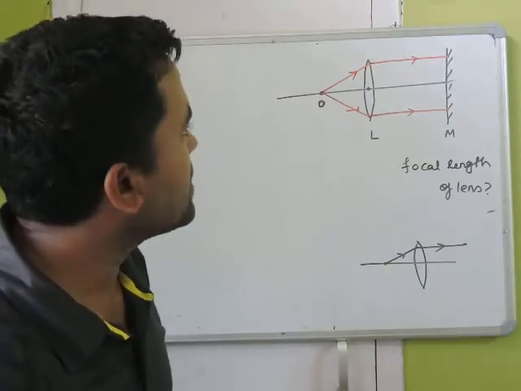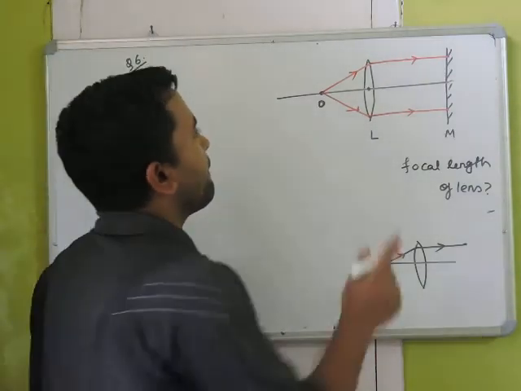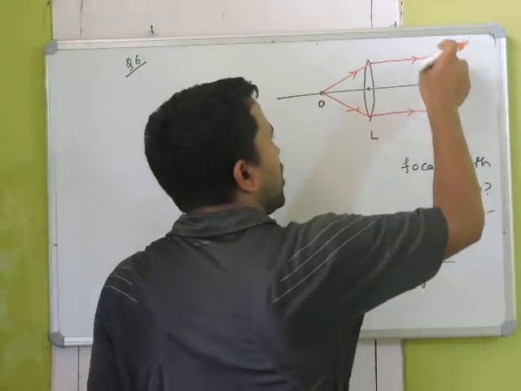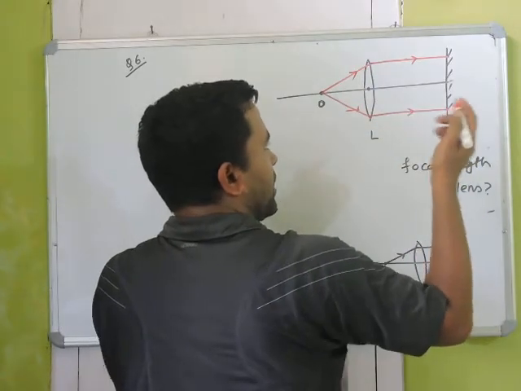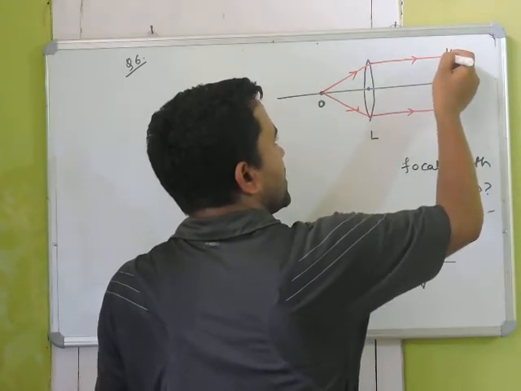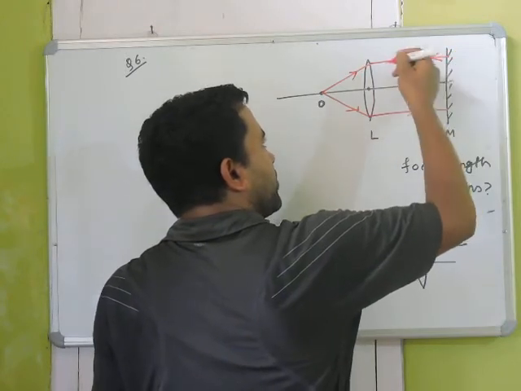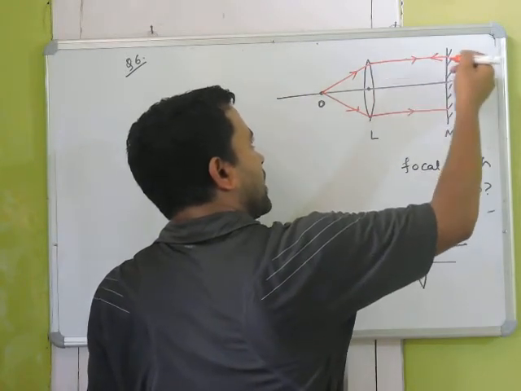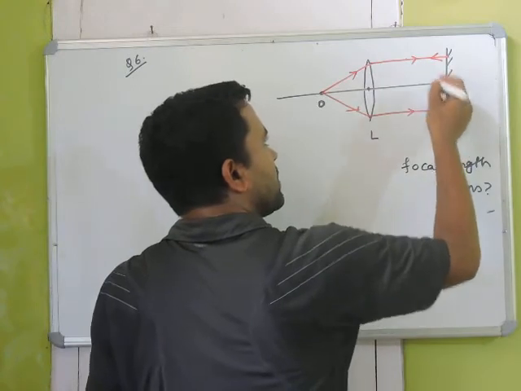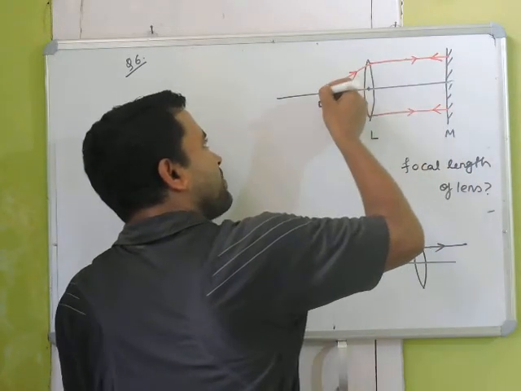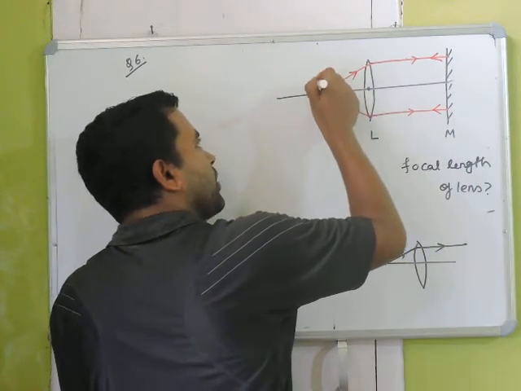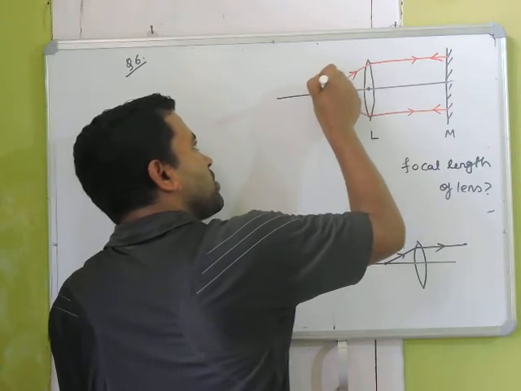As they encounter the mirror, they will obey the laws of reflection, not refraction. So the angle of incidence will be 0 on the mirror, so the angle of reflection will be 0, so it will come back like this, and the same goes for this one. They will retrace their path, and we'll find the image is also here.